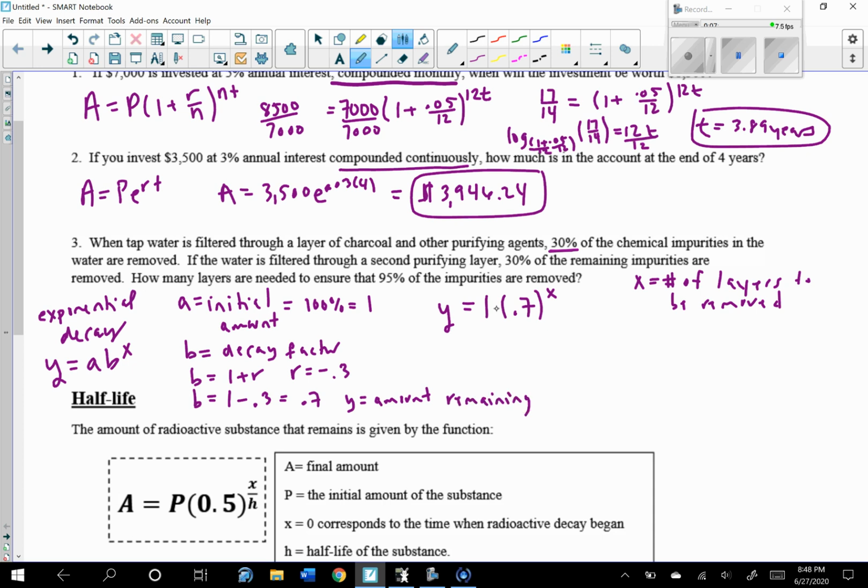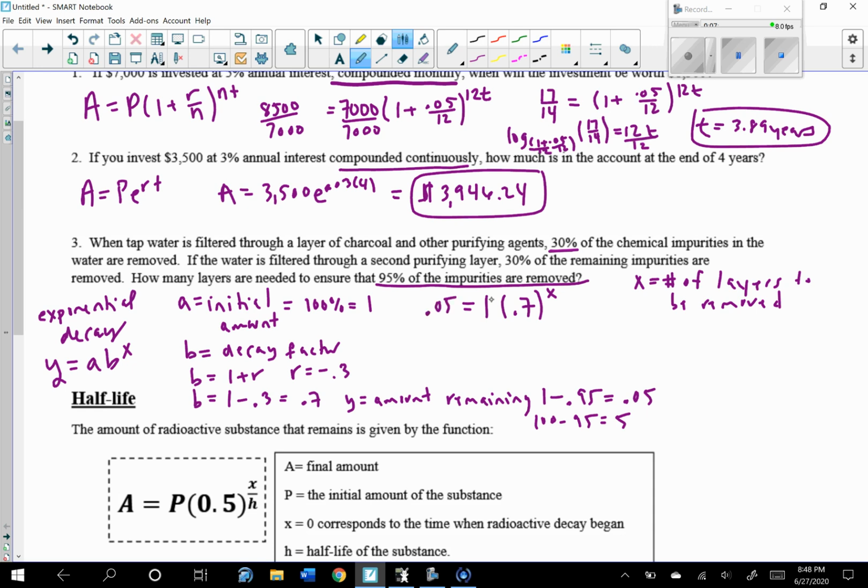So in this case, it says how many layers you need to ensure that 95% of the impurities are removed. So how much remains if 95% are removed? So that would be the 1, because we are starting off with 100%. So you're going to use the decimal. So 1 minus 0.95, or 100 minus 95 is 5%, or as a decimal, 0.05. So if it helps you to use 100 minus 95 and then change it to a decimal, that's fine.